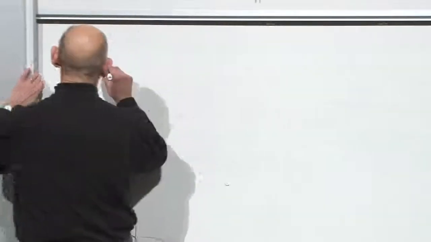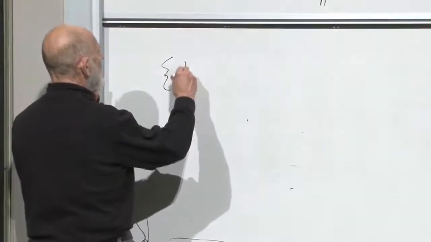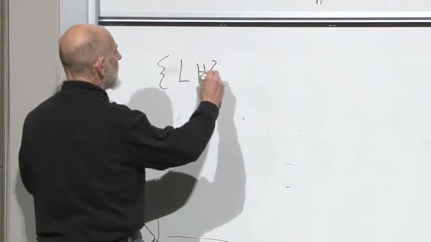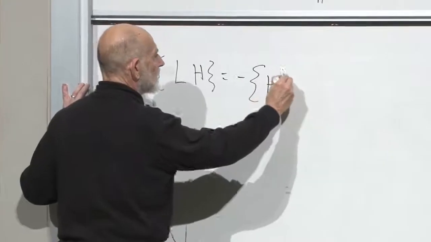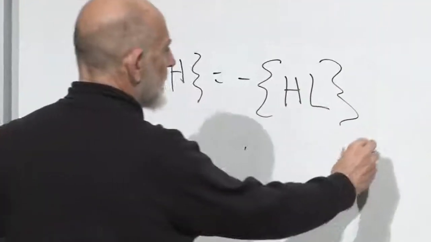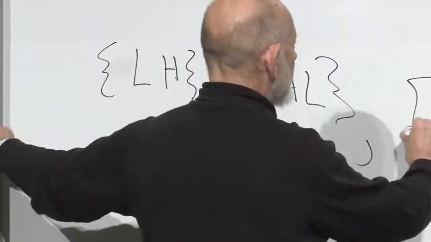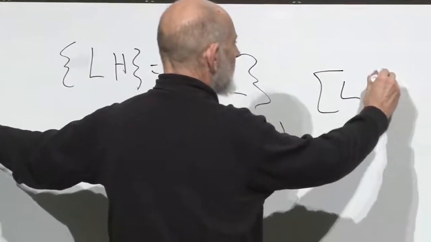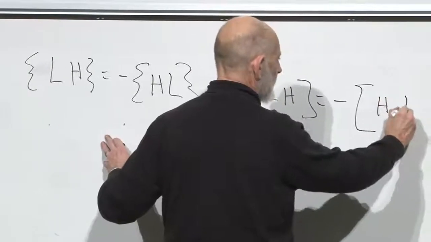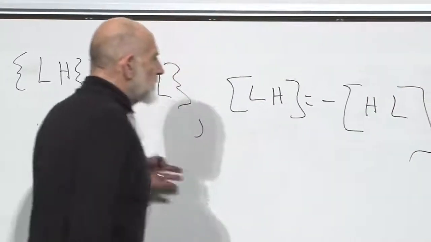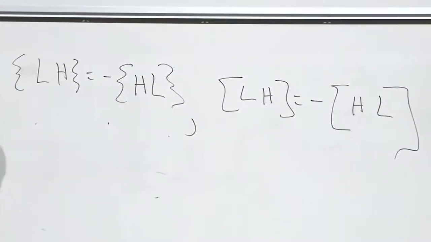They're just L and H. The first thing is the Poisson bracket of L with H is equal to minus the Poisson bracket of H with L. The commutator of L with H is minus the commutator of H with L. So that's a parallelism that we can begin with.